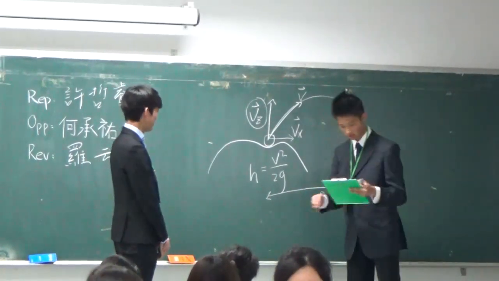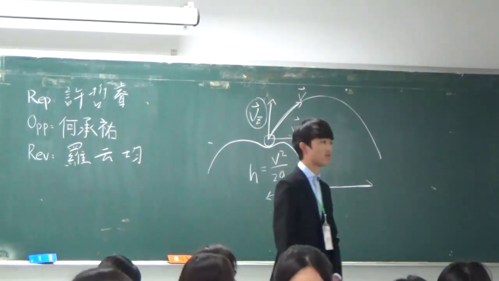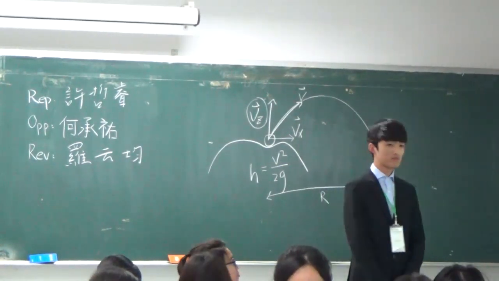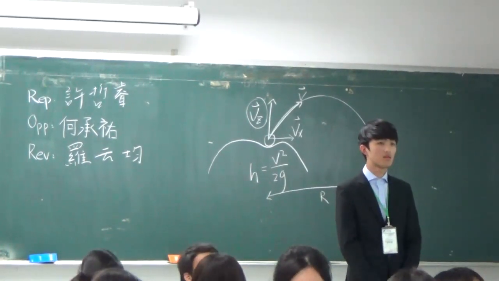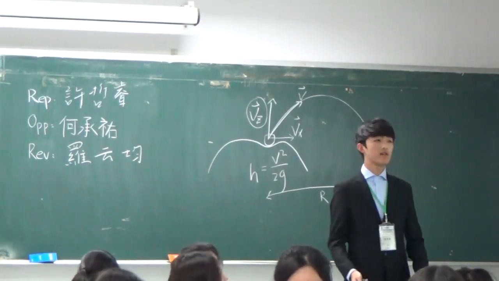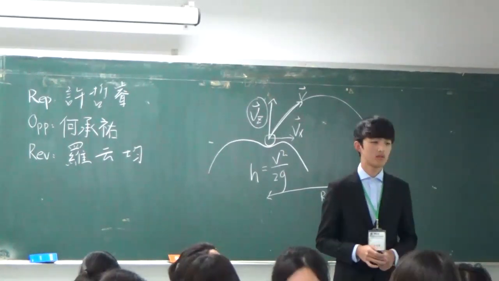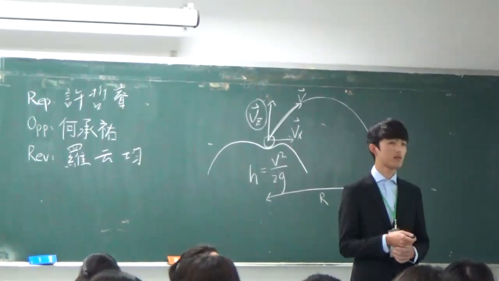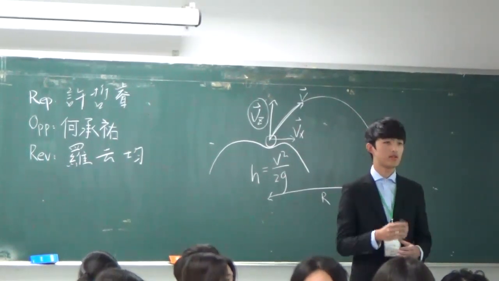Okay. So let's take a look at the other part. It says you need to drop several other objects, right? Yes. And you only dropped one, but it's okay. So what do you think will happen if you drop several other objects? Well, the problem statement says that dropping several other objects means dropping objects of different mass. I think the main focus of this term is to change the mass.